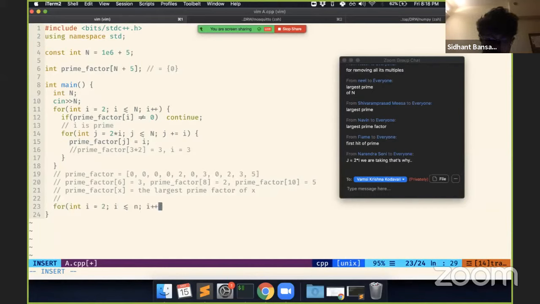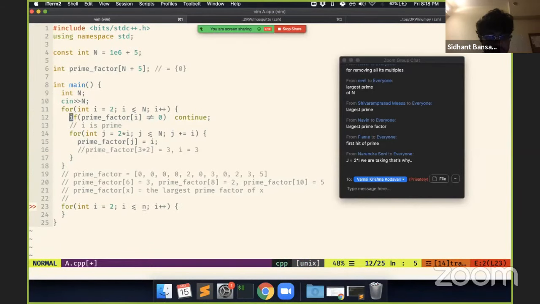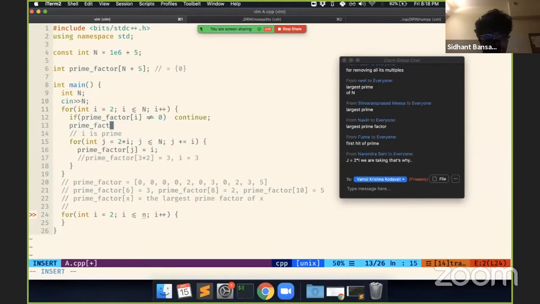What you do is, also notice you need this line also. That is, if i is prime, then its prime factor is the number itself. Prime factor of i is i itself, right? Now you set int x equal i, while x is not equal to 1.